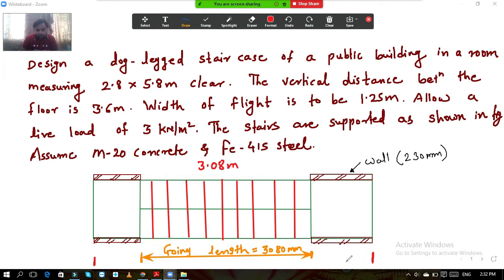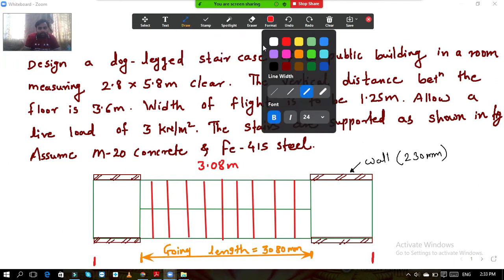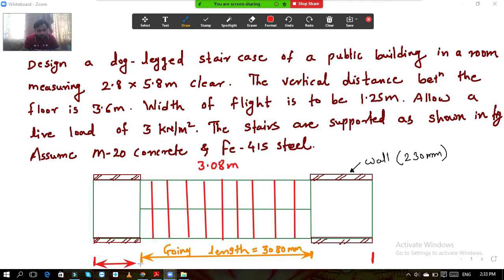Now if you subtract 3.08 from 5.8, it will be 2.72. So I will show over here this total length, this total length is 5.8 meter.